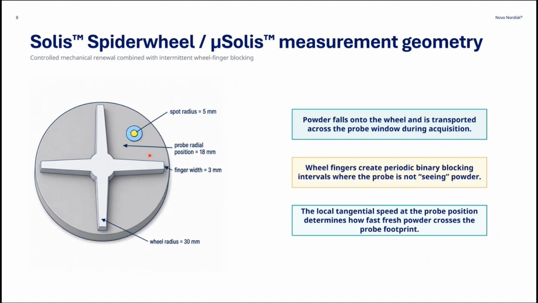And what determines the effective sample size is also the speed across the probe position at this position here, because that determines how much new fresh material is presented to the probe.